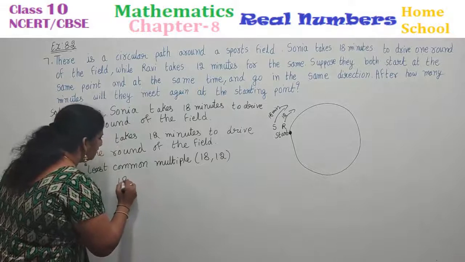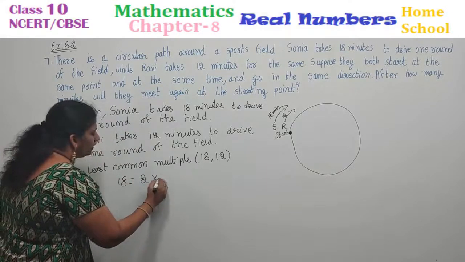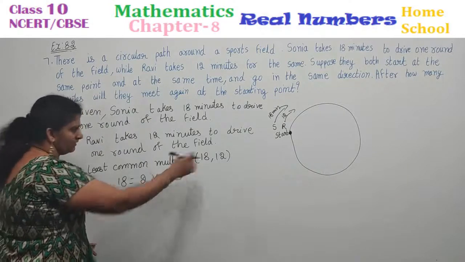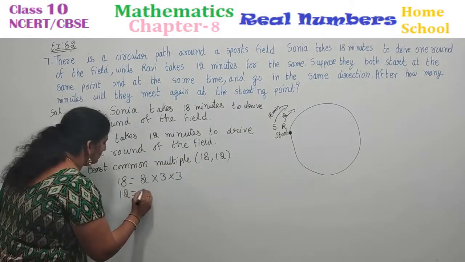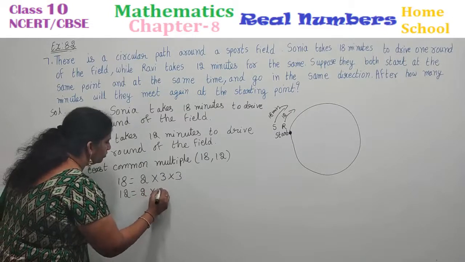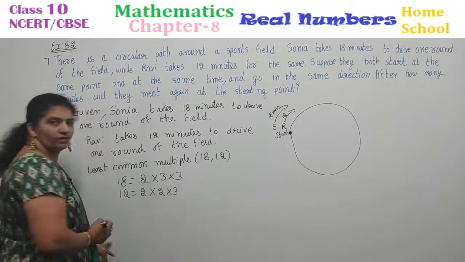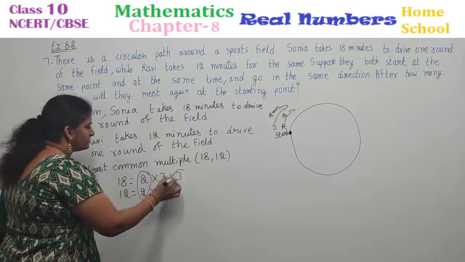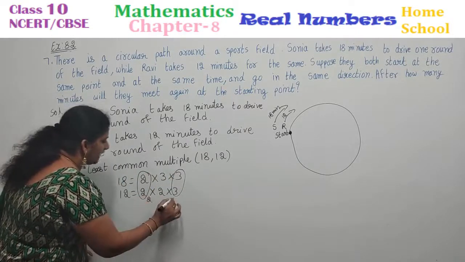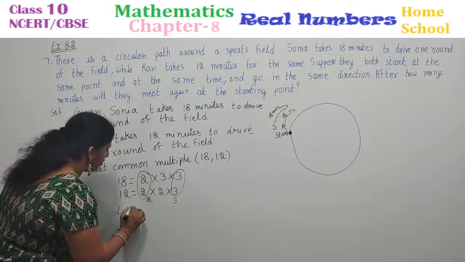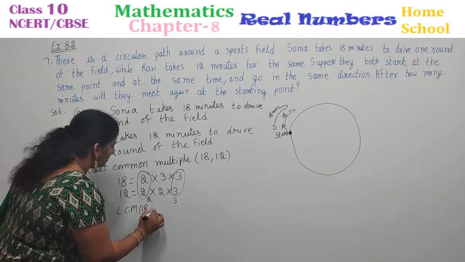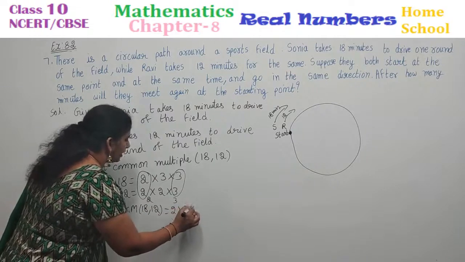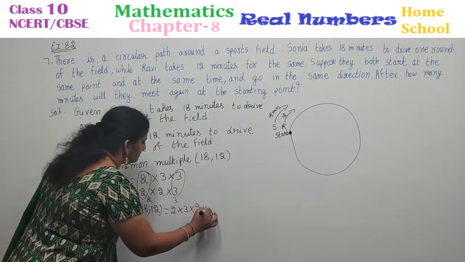Let's find here 18. 2 into 3 into 3. 2 3s are 6, 6 3s are 18. Similarly, write 12, children. 2 into 2 into 3. Yes? Now, let's circle the common first. Write these one time. Now, the LCM of 18 and 12 is: first write the common terms 2 into 3, and write the remaining terms.